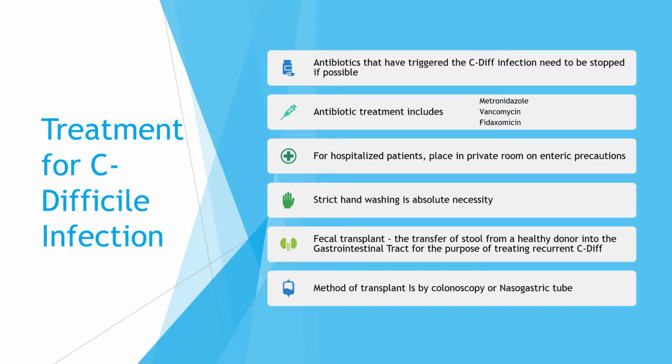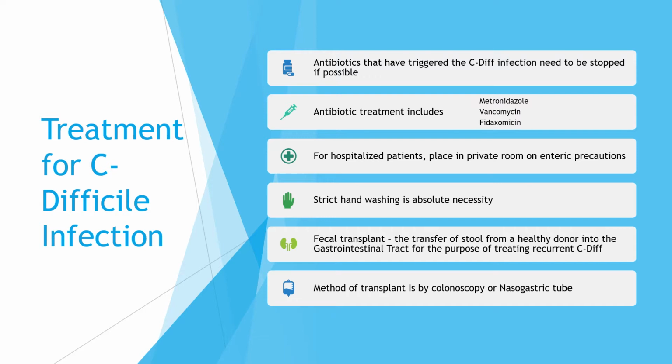These antibiotics will help to treat the infection for patients that are hospitalized. For patients that have been hospitalized, they do have to be placed in a private room on enteric precautions. Very strict hand washing is an absolute necessity.